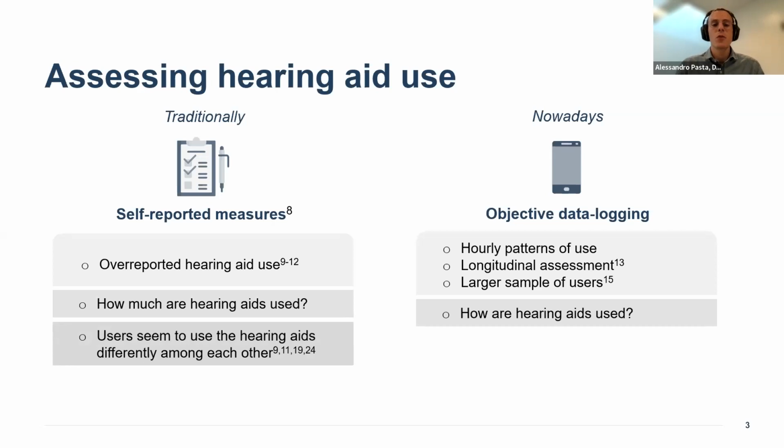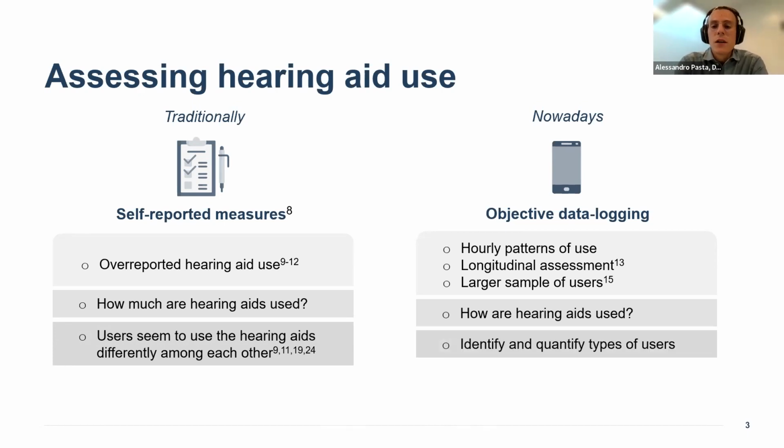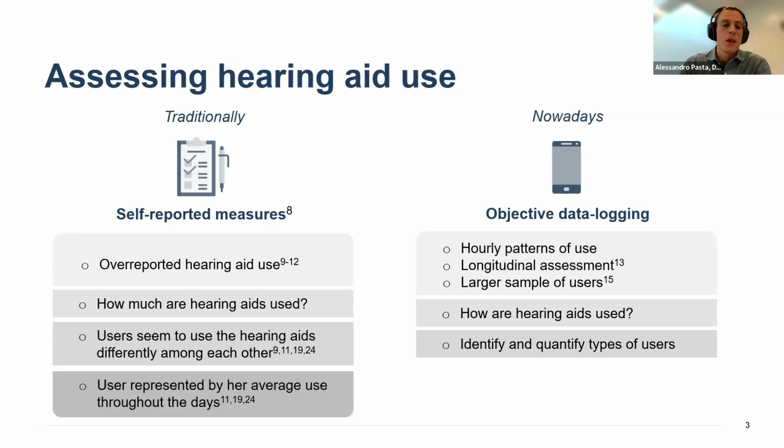Additionally, even though the industry tends to care for the average user without too much personalization, users seem to use the hearing aids differently among each other. And objective data logging allows us to both identify and also quantify, based on a large sample, the different types of users based on how these users have been using the hearing aids during a study, for instance.